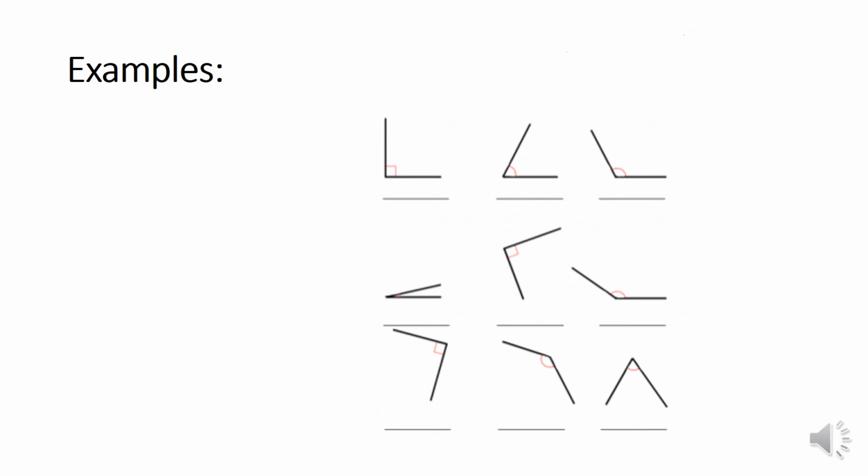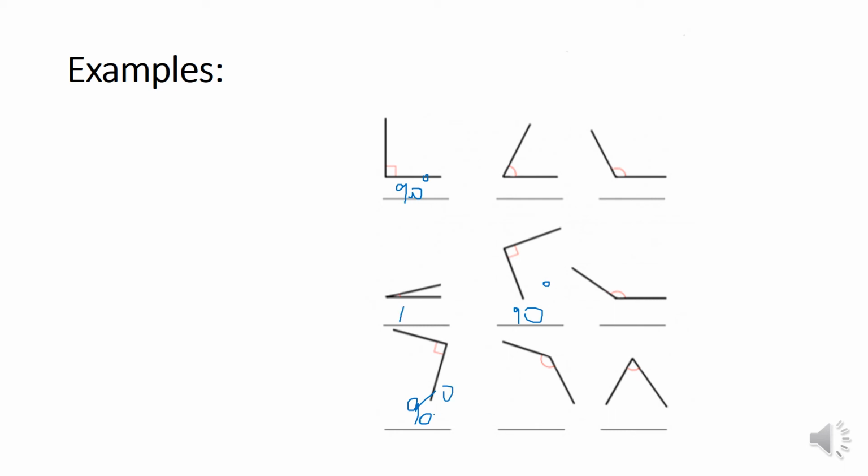Here we have some examples that you can look at and you should be able to do based on the tutorials we had before. Okay, so this is what? A right angle. Okay, 90 degrees. This also is a right angle, 90 degrees. This also is a right angle, 90 degrees. This one is what?